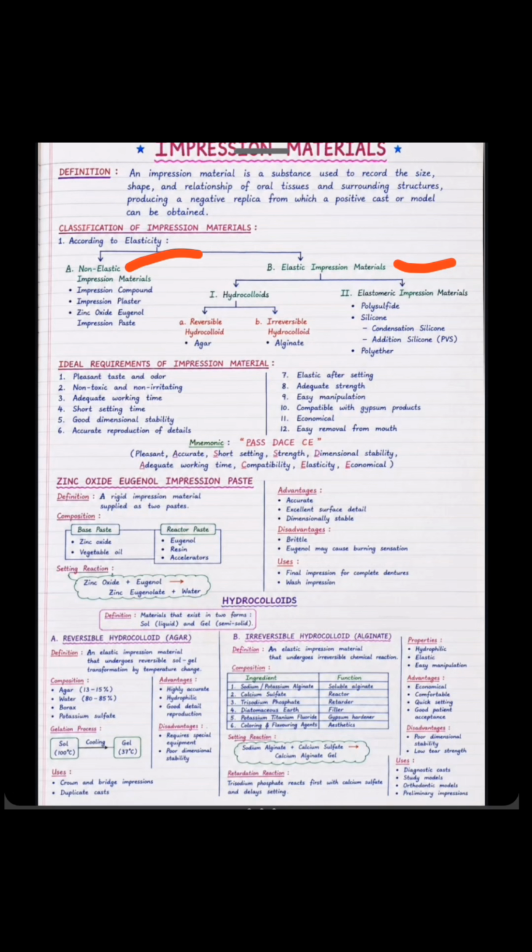Hydrocolloids are reversible and irreversible. Reversible is agar, irreversible is alginate. Elastomeric impression materials include polysulfide, silicones (condensation silicone and addition silicone), and polyether. Okay, so that is the whole classification of the impression materials.